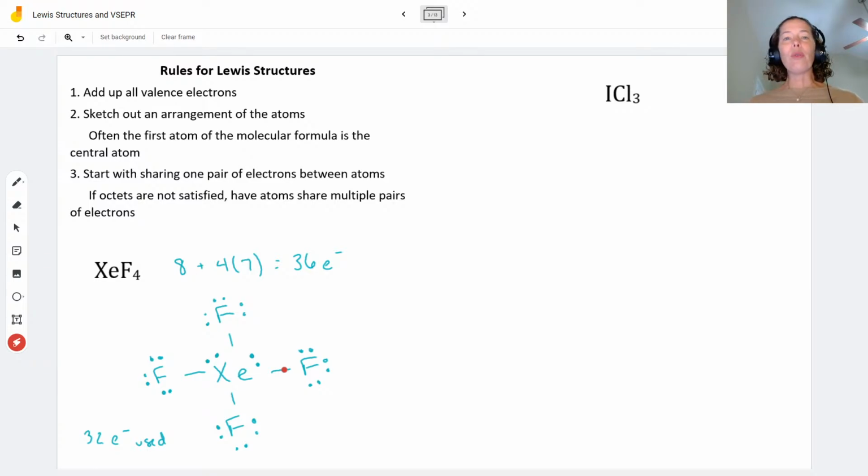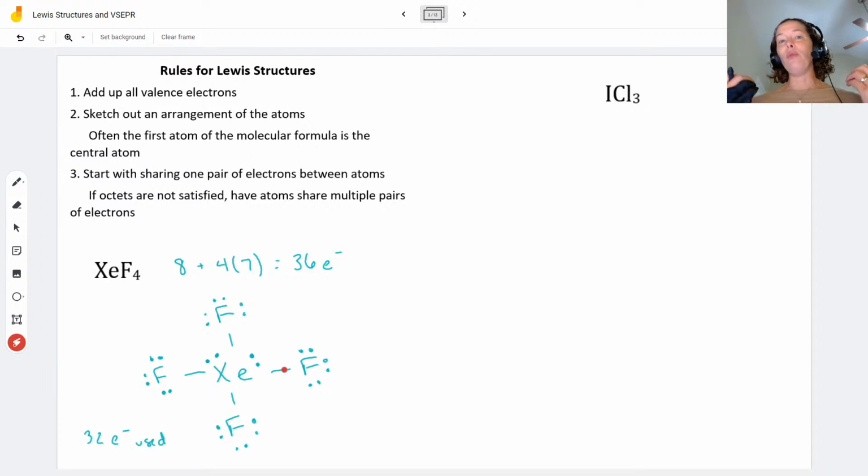So the rule about the expanded octet is you have to be in the 3rd period or lower. So the 3rd row or lower, because if you think about your first set of d orbitals when you do your electron configurations, those are the 3d orbitals. So once you hit the 3rd period, those elements have access to those extra orbitals, that extra space to put electrons.